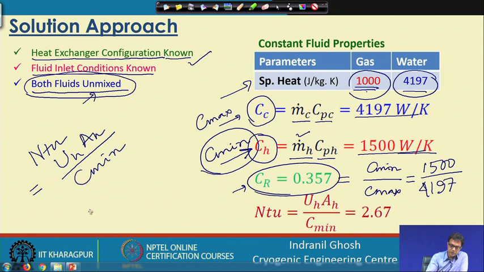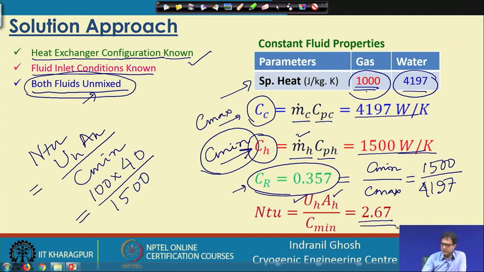What is UH? UH has already been given. AH value has also been considered as 40 and this we have considered to be 100 watt per meter square Kelvin, and C min is 1500. So, accordingly we will find that this is giving us 2.67 as the NTU.